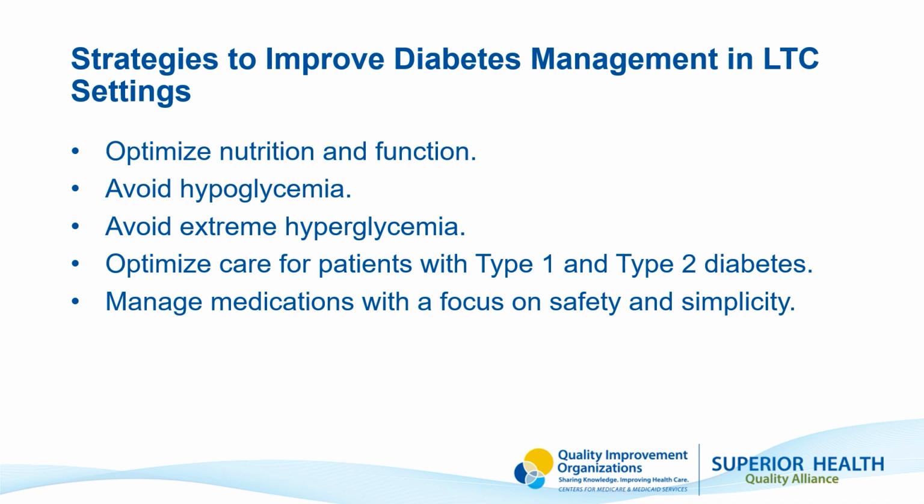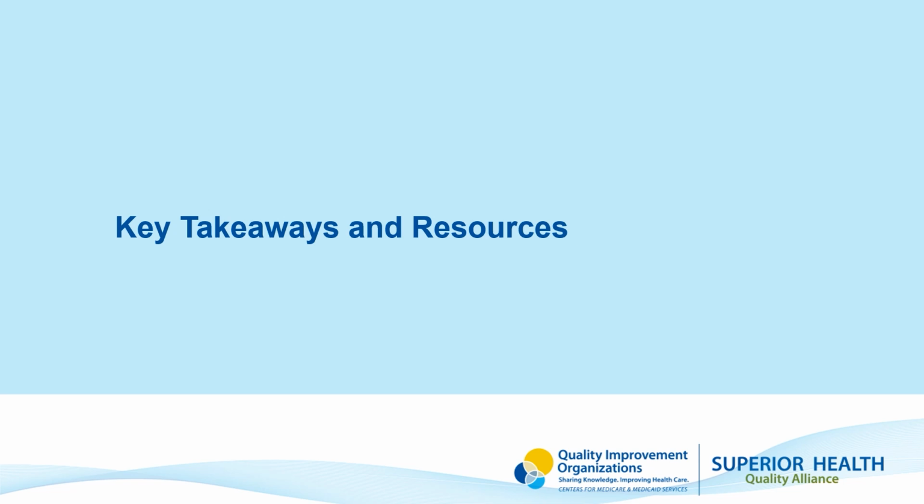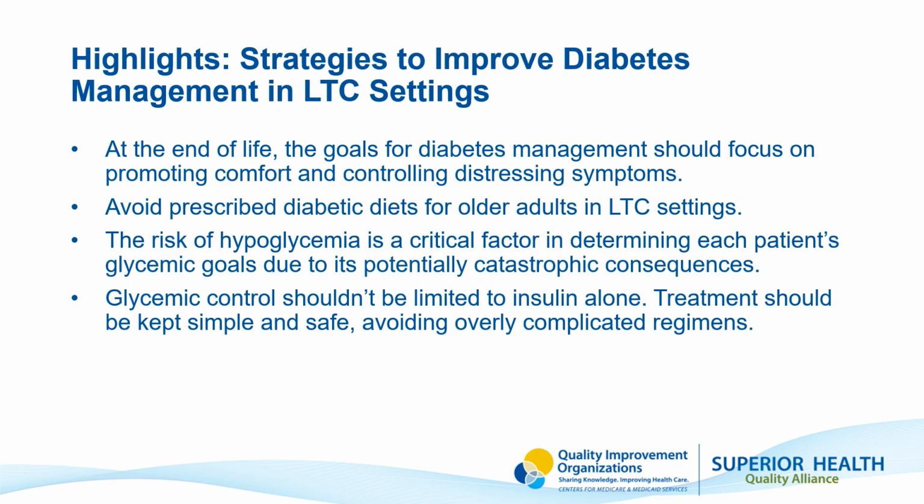Key takeaways and resources. In summary, here are some key takeaways from today's presentation. We want to focus on promoting comfort and controlling any symptoms of disease, including pain. We want to avoid those very restrictive diabetic diets.